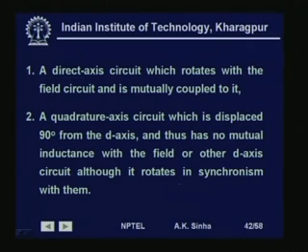So, what does Park's transformation provide? A direct axis circuit which rotates with the field circuit and is mutually coupled to it, and a quadrature axis circuit which is displaced 90 degrees from the d axis and thus has no mutual inductance with the field or other d axis circuit, although it rotates in synchronism with them.